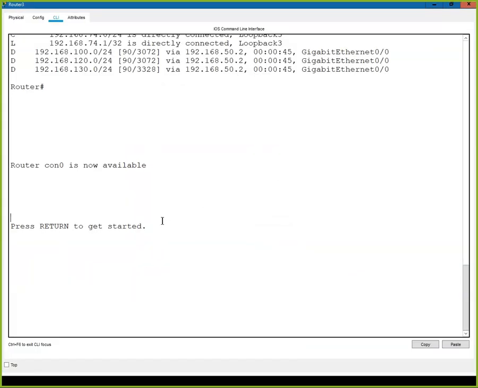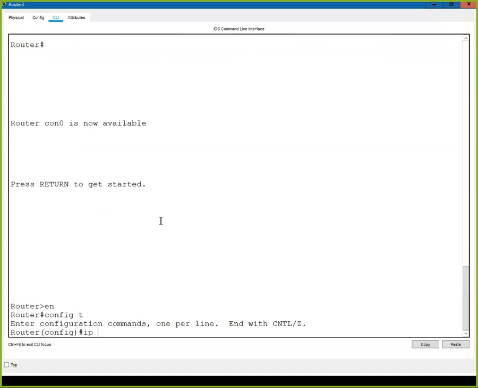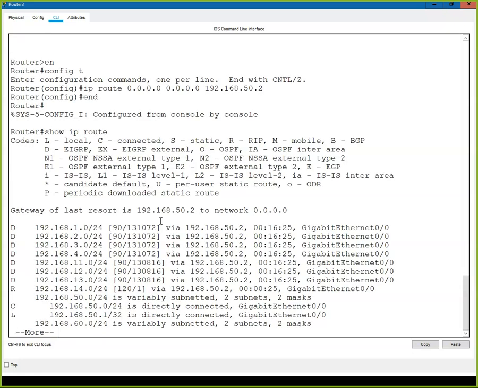In order to configure it, and remember it's going to use this if nothing else works, it's just a simple ip route 0.0.0.0 with a subnet mask of 0.0.0.0, and it was 192.168.50.2, I think. So now when I do a show ip route, this shows the gateway of last resort is to network 0.0.0.0. That's the any network.